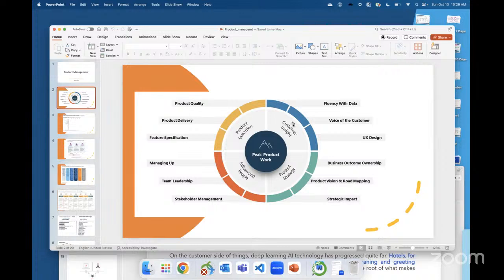So there is a significant difference between a solution and a product. When you build a product, it is scalable.